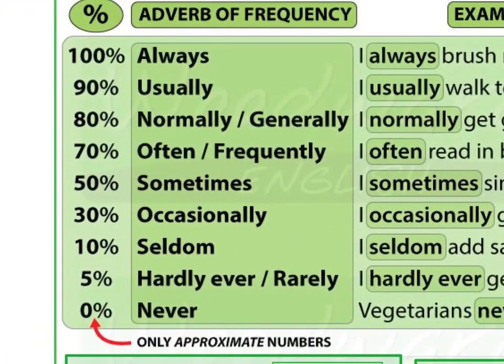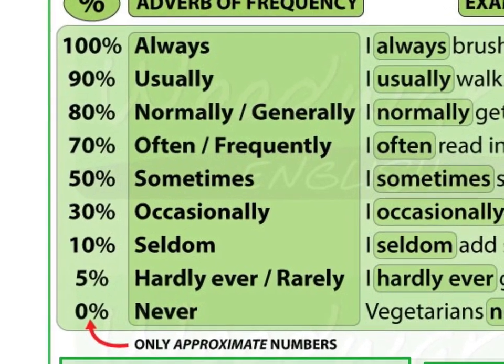Let's look again at our list. This is a good list of words to know, and these percentages right here are telling us how often. So 100% means all the time, every time. That is the word always.